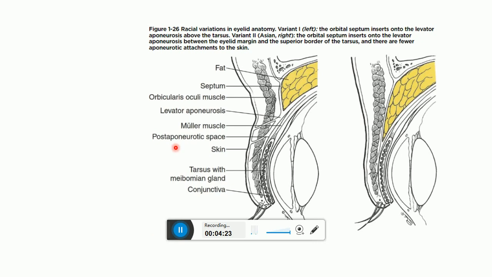Here are two major racial variations in the eyelid anatomy. In the first one, the orbital septum inserts onto the levator aponeurosis above the tarsus.